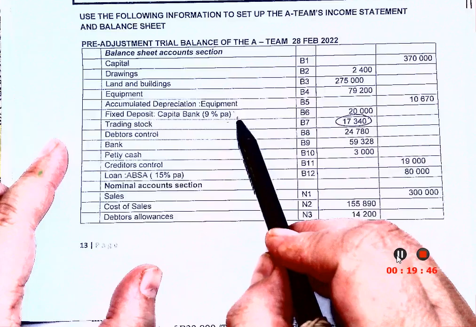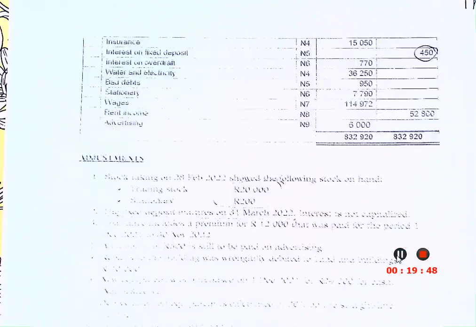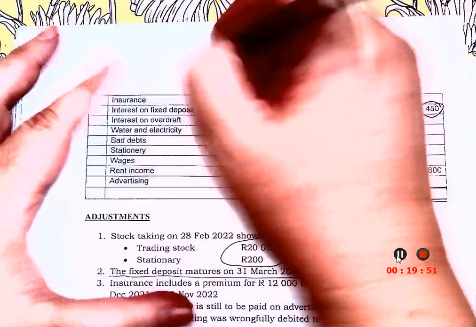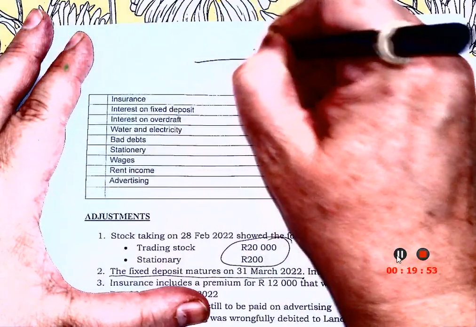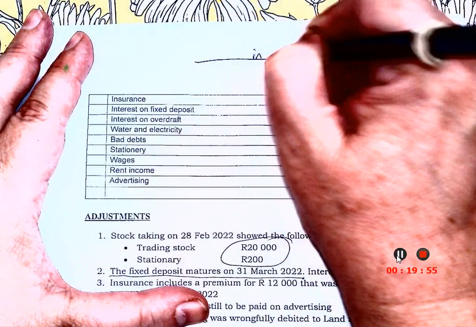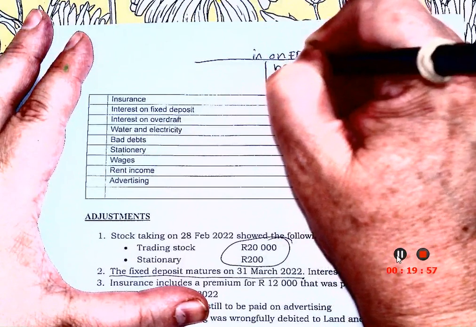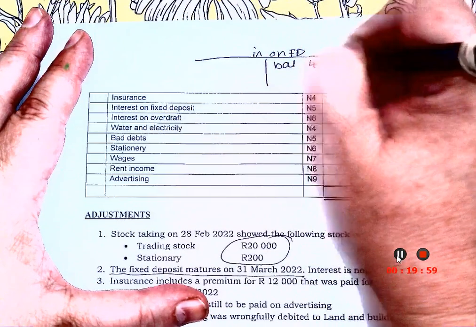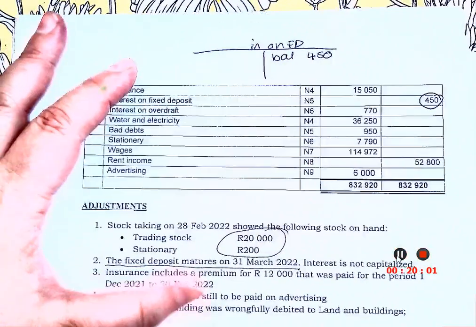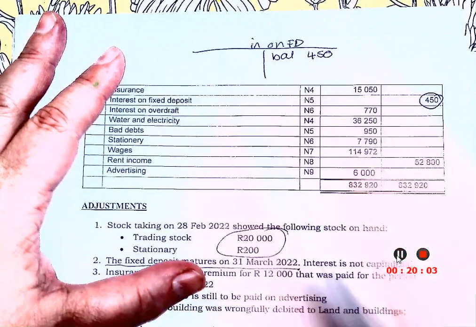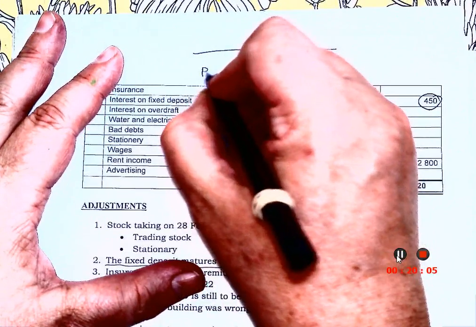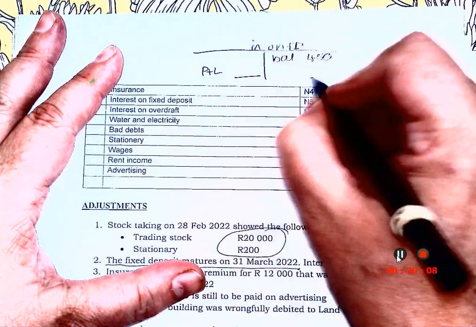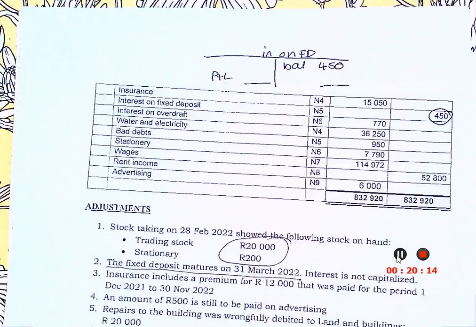Okay. So now, if I draw a T for interest on fixed deposit, I have a balance now of 450. That's what I already received. Now on this side I want my profit and loss, meaning the amount that needs to go to interest income, meaning the amount that I earned this year.